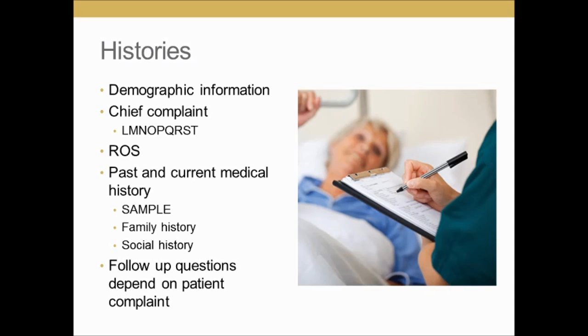Those are all really good to note in the family history. Social history would include things like, are you a smoker? Do you drink? How often do you drink? How often do you smoke? How much do you smoke? Exercise, diet, things like that. And then there also might be follow-up questions depending on the complaint.